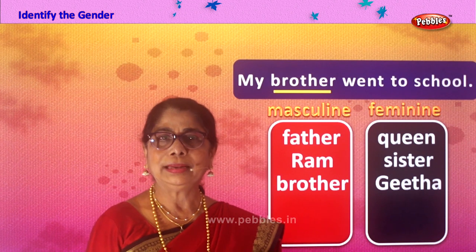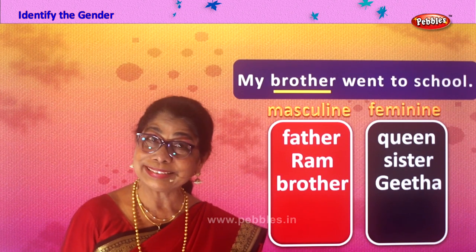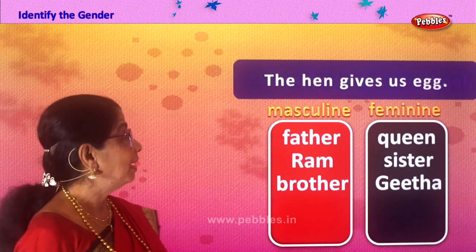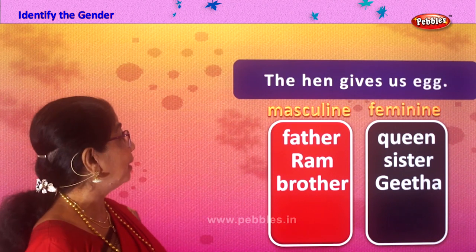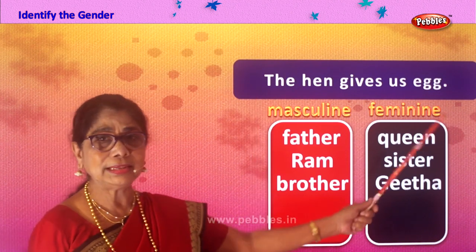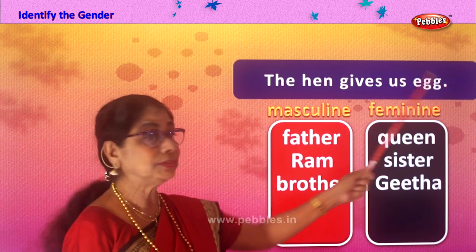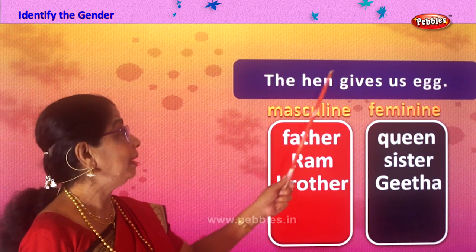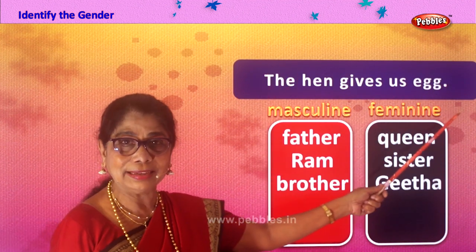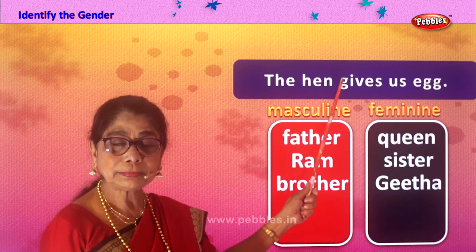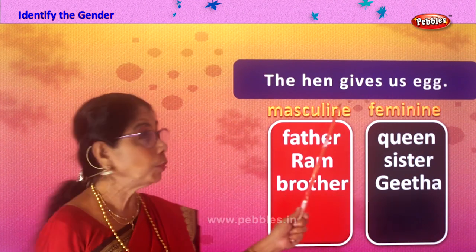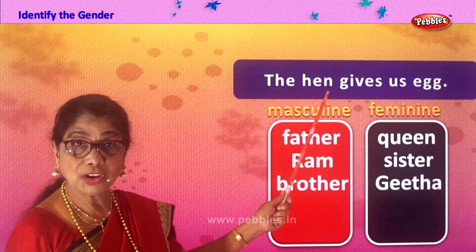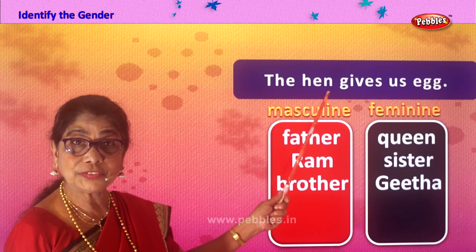Good. Let's go on to another sentence and identify the word that is feminine or masculine. Here is a sentence that begins with a capital letter and ends with the full stop. The hen gives us egg. What is hen? Is it masculine or feminine? She lays eggs for us.